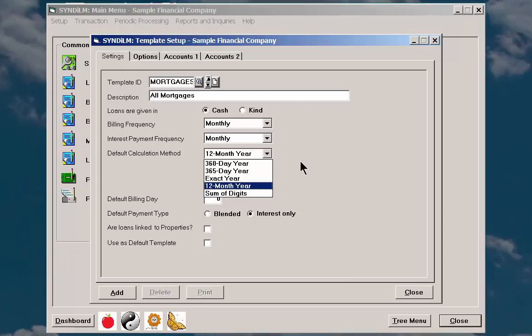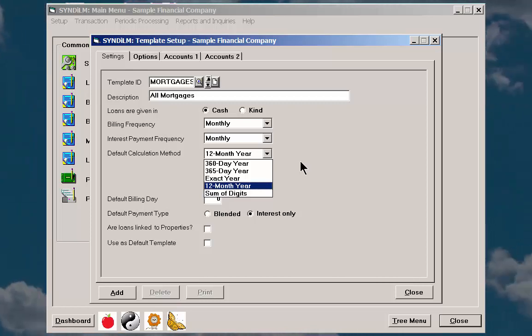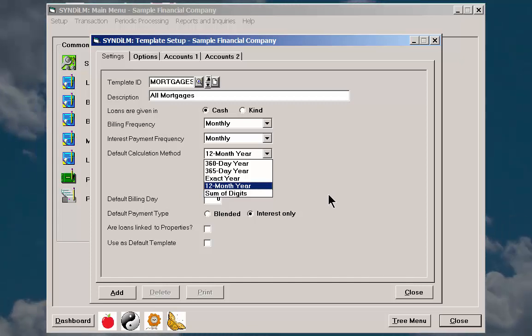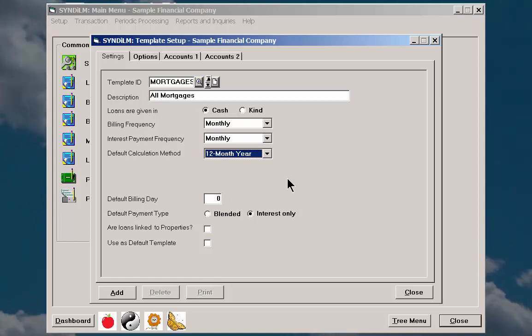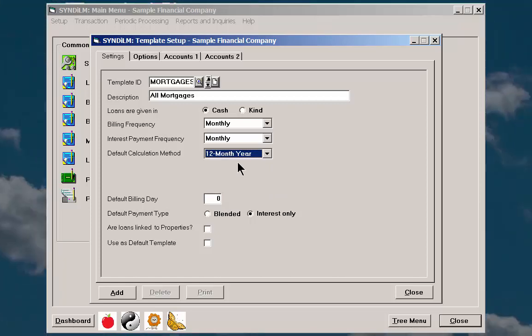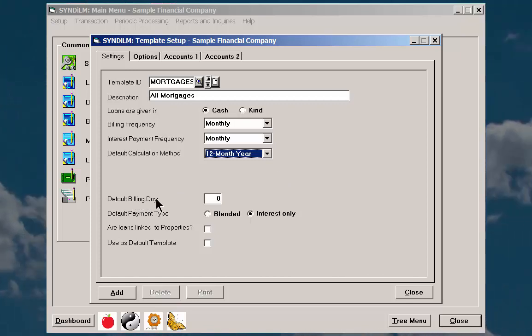Similarly, you could have a 365-day calendar or exact year, in which case you have got 365 days, and in the leap year you have 366 days. However, mostly mortgages are based on 12-month year, which means you calculate the interest for the whole year and divide it by 12.